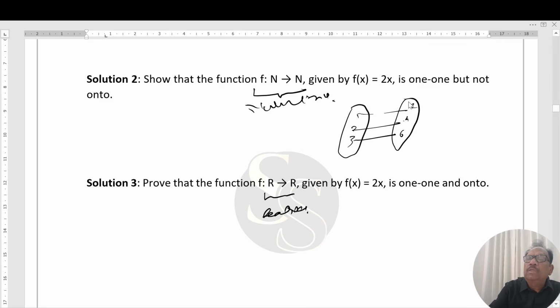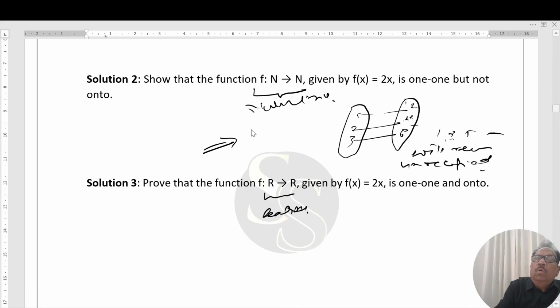In this case, 1, 3, 5 will remain unoccupied. Therefore, it is one-one but not onto, because in this case these elements remain unoccupied. Clear?